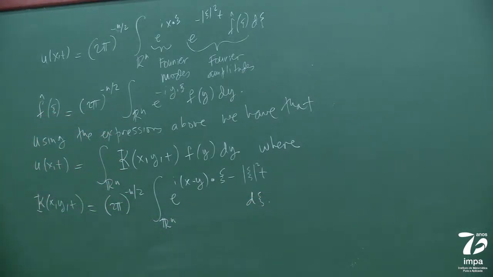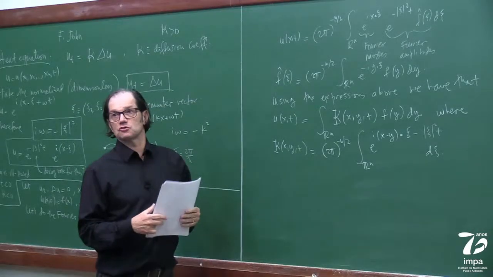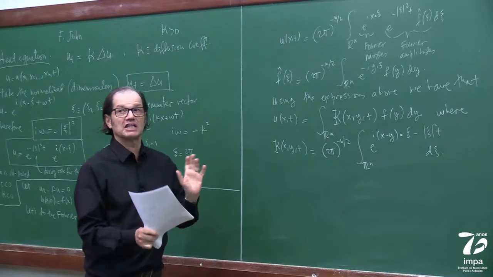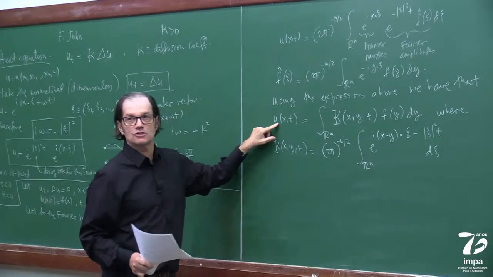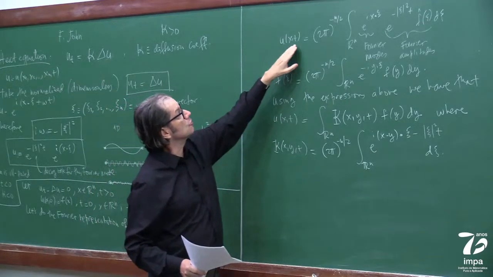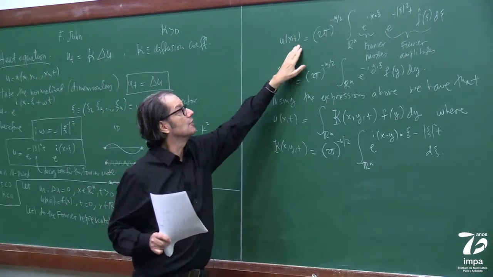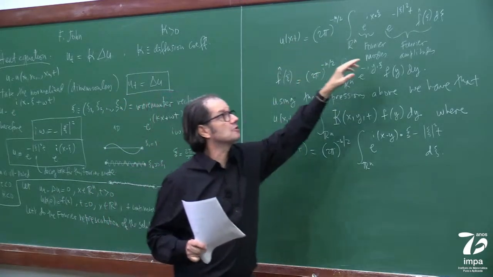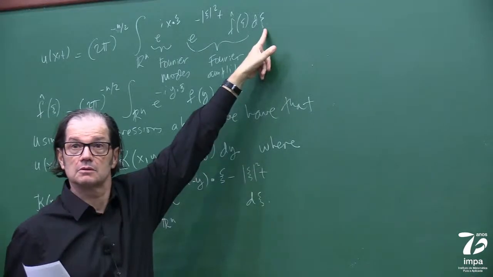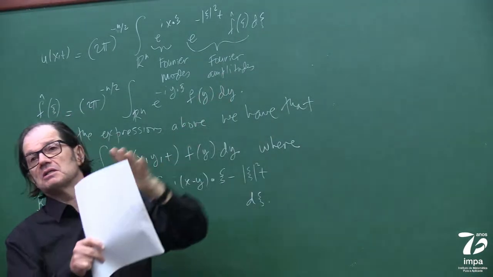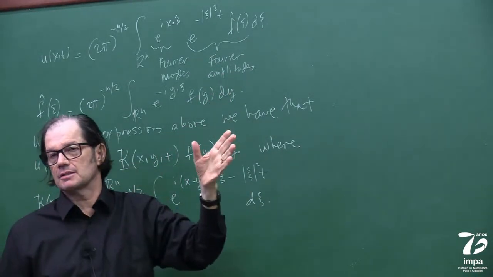Okay, so it's manipulating the formulas. Put things together, but this is still a little bit ugly looking, though it's starting to look interesting if we can clean things up. I'm rewriting the solution. Here the solution is written in Fourier space, but not in closed form, as an integral in Fourier space.